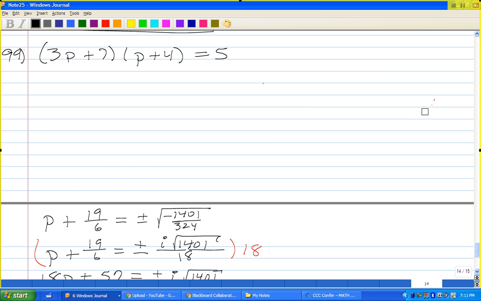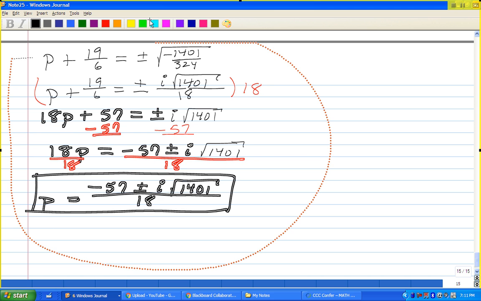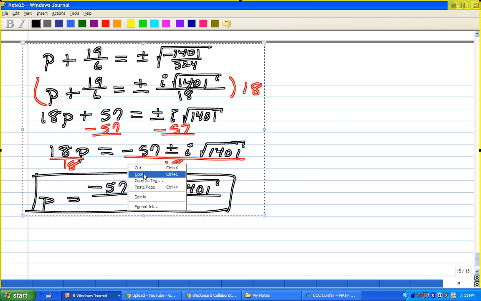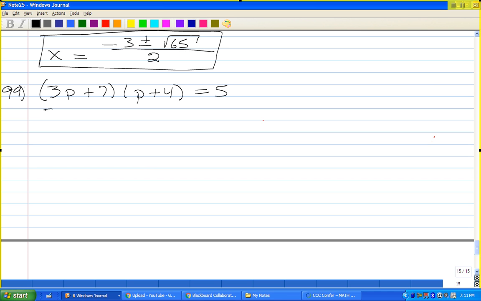Okay, so this is equal to 3p squared plus 12p plus 7p is 19p plus 28.